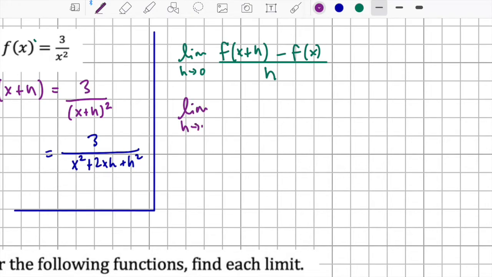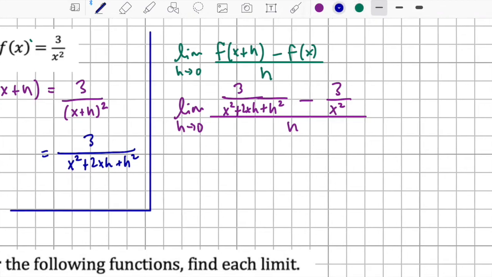So limit as h approaches 0, that'll be 3 over x squared plus 2xh plus h squared minus f of x, and f of x is just 3 over x squared, all of that divided by h.